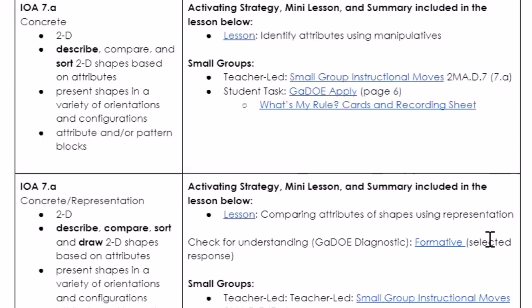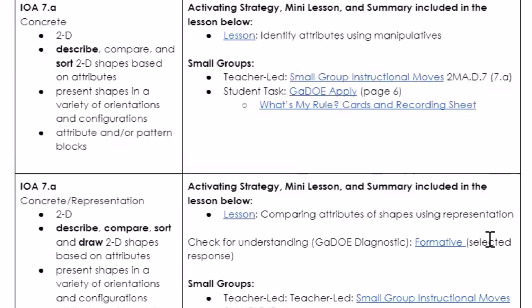It is important for students to have access to concrete manipulatives while gaining a deeper understanding of the attributes associated with describing, sorting, comparing, and drawing both 2D and 3-dimensional shapes. Please remember to pay close attention to the way we have paced the bullets in the left column because we have been strategic about how we've progressed the skills within each IOA.